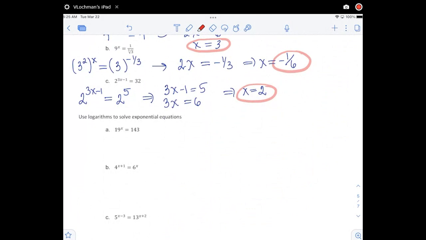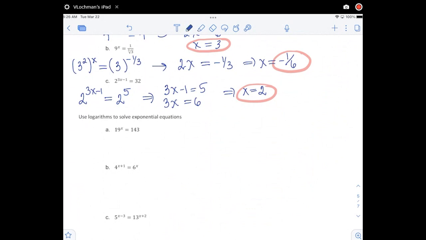What do we do when we have numbers so that no matter which nice integer power we take, we're not going to get these equal to each other? So 19 to the x is equal to 143. You can already see what's going on here. 143 is not a power of 19, right? So how do we deal with equations of this type?